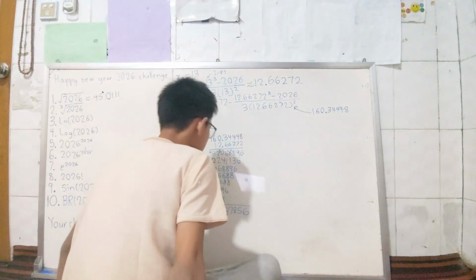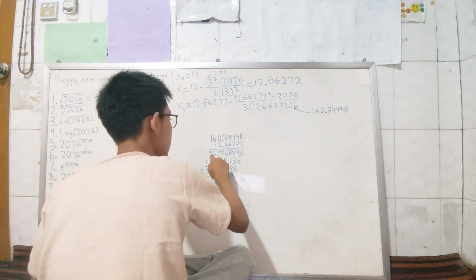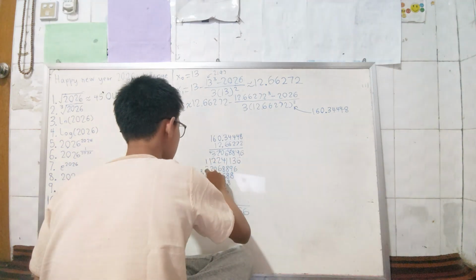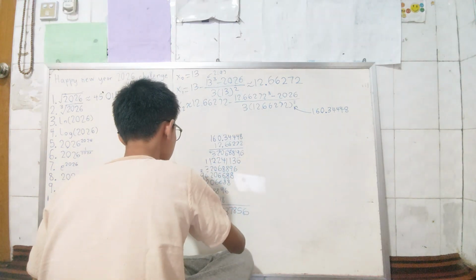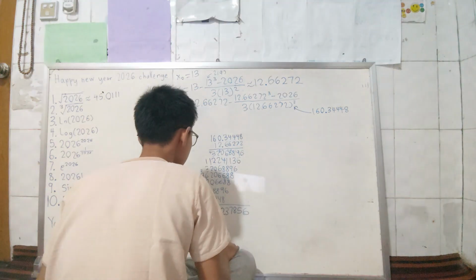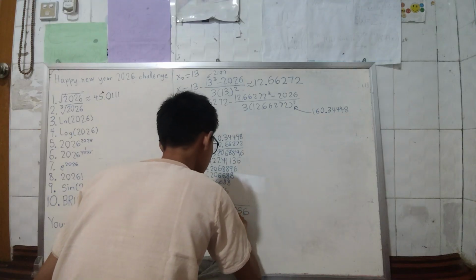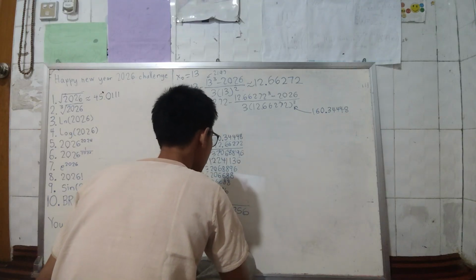So there's gonna be 7, 8, 9, 10, 11, 12, 13, 14, 10. I'm confused. How is that even possible?